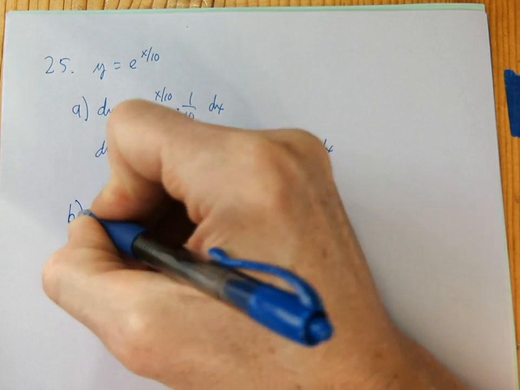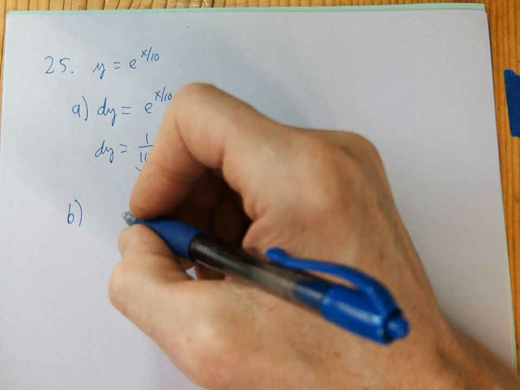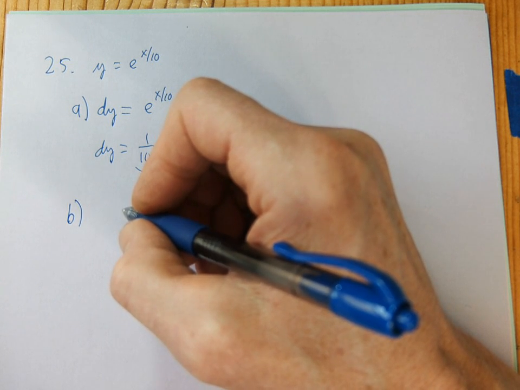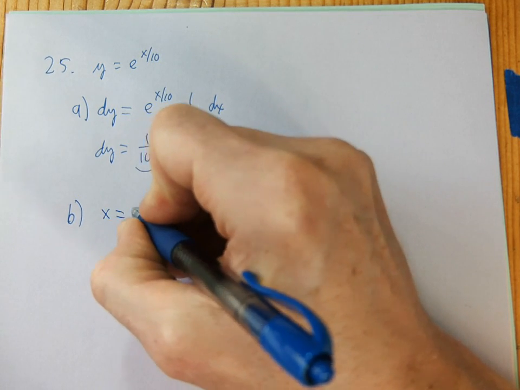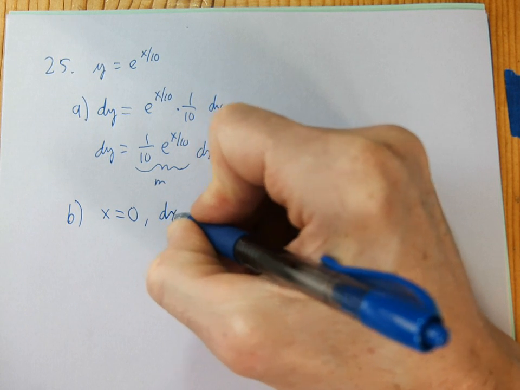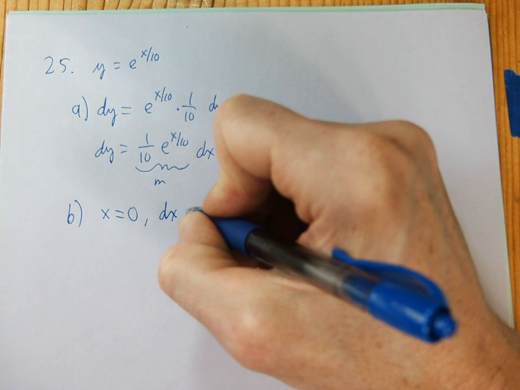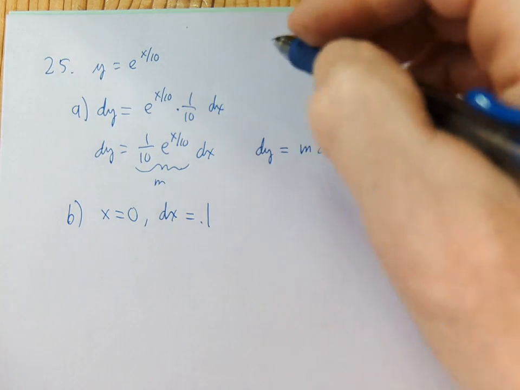Okay, then part B says, how much does it actually change? That's the delta y part. If x equals 0 and dx is 0.1, so if we want to know around the point x equals 0 and we change x by a little tiny bit, so dx is 0.1, what is dy?